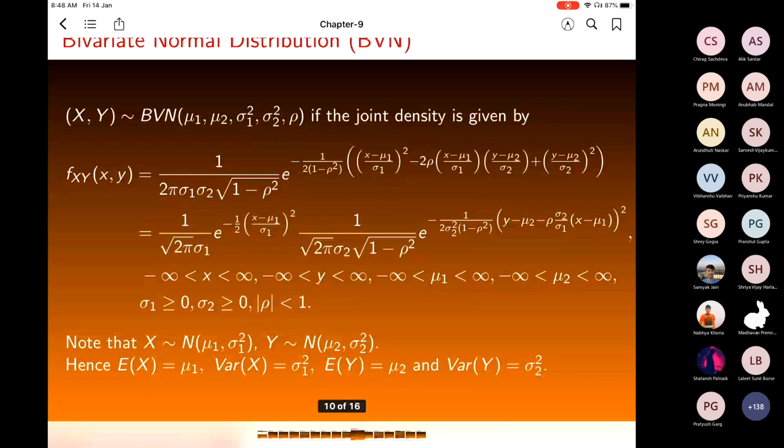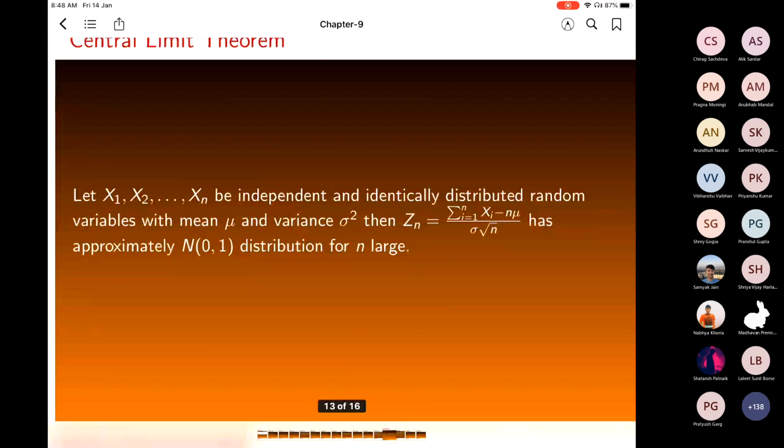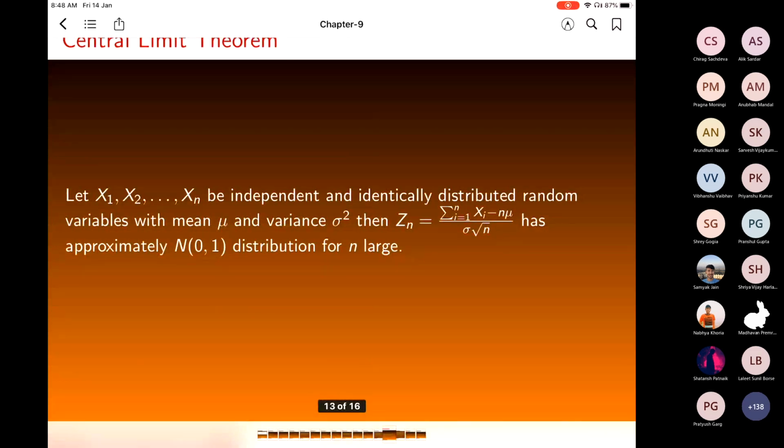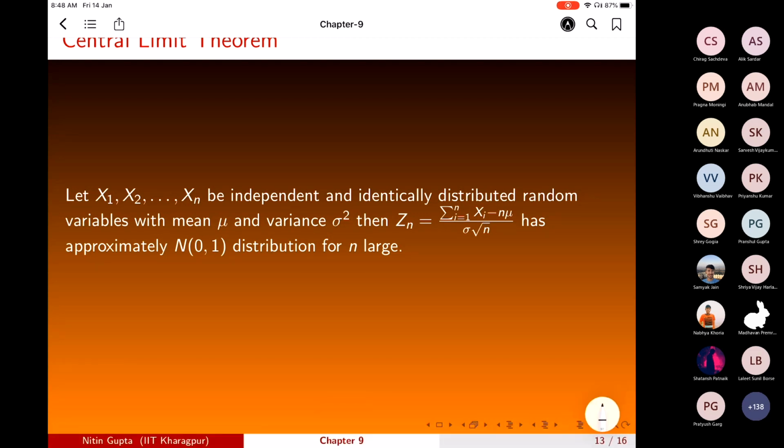Okay, so let me first of all give the central limit theorem. Let x1, x2, ..., xn be independent and identically distributed random variables with mean mu and variance sigma square.